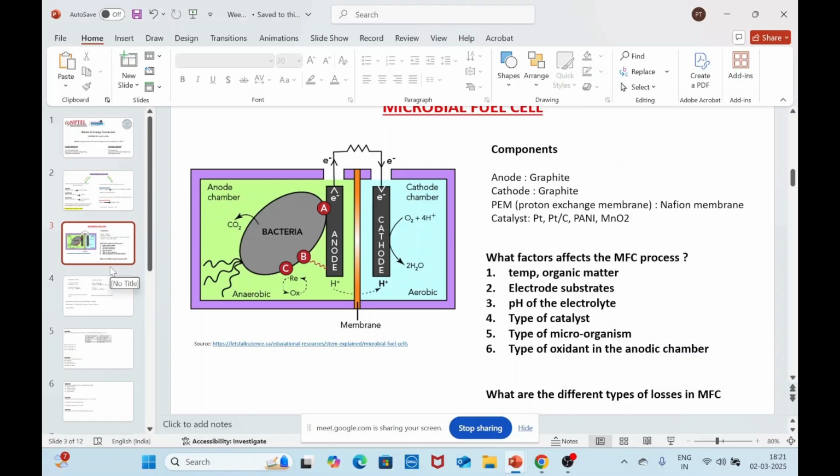I also wanted to say that this microbial fuel cell is an evolving concept. Research is still going on. That's the reason we come up with different types of ideas like membraneless fuel cells. These are all very new things that are evolving within the fuel cell, so it's relevant to research interest even these days.